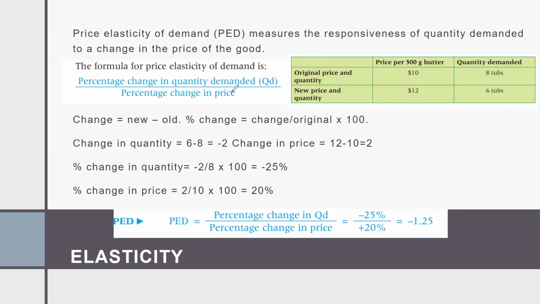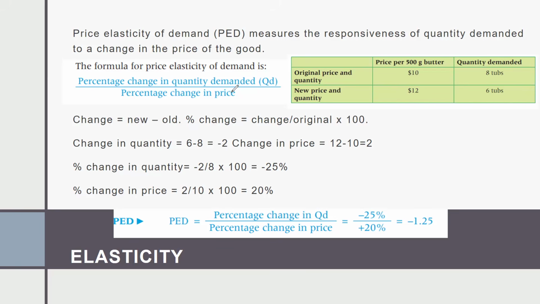The percentage change in demand is the change in demand divided by the original demand multiplied by 100. It's the same thing with price: the change in price divided by the original price multiplied by 100. It's always change over original.